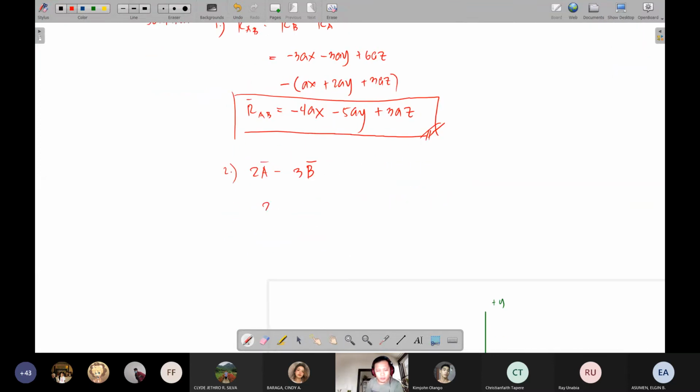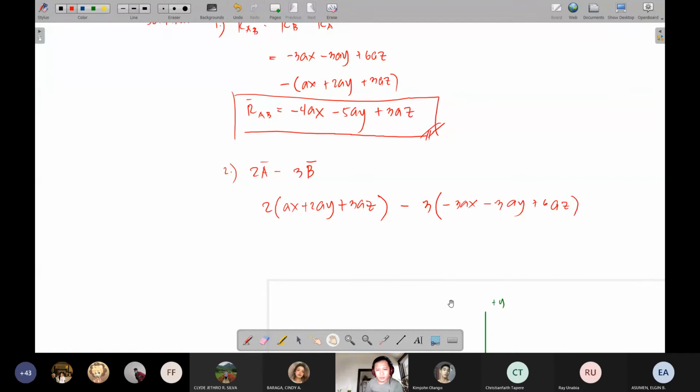So, we will have 2 times vector A, which is ax plus 2ay plus 3az, minus 3 times vector B, which is negative 3ax minus 3ay plus 6az.